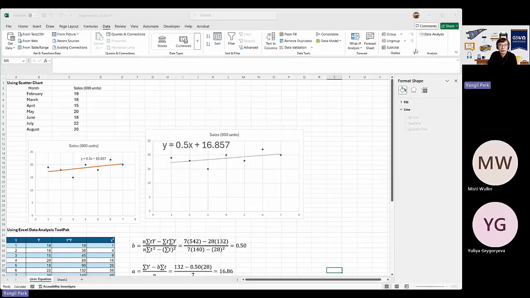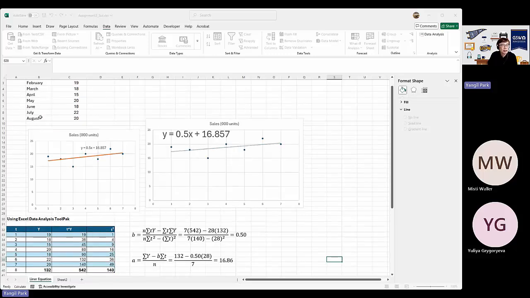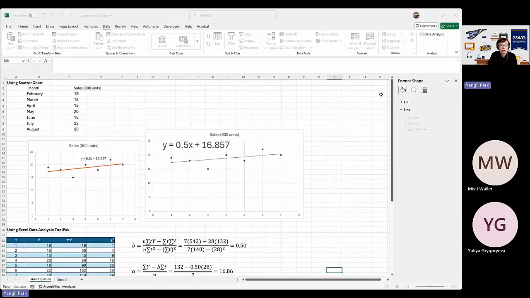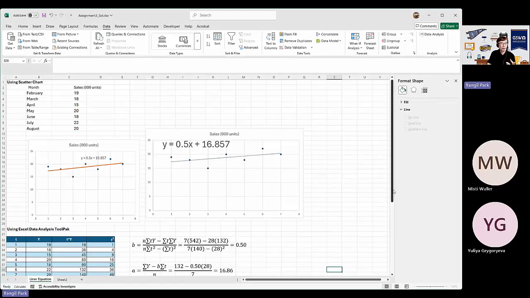Then you're going to use the data analysis tool, regression, OK. Y is the output, so you're going to select the range for Y. You're going to select X, which is the input. Select those months from February to August. Then depending on whether you're going to put it in the current worksheet or a new worksheet, okay? Then you click OK. Then this is what you're going to get.